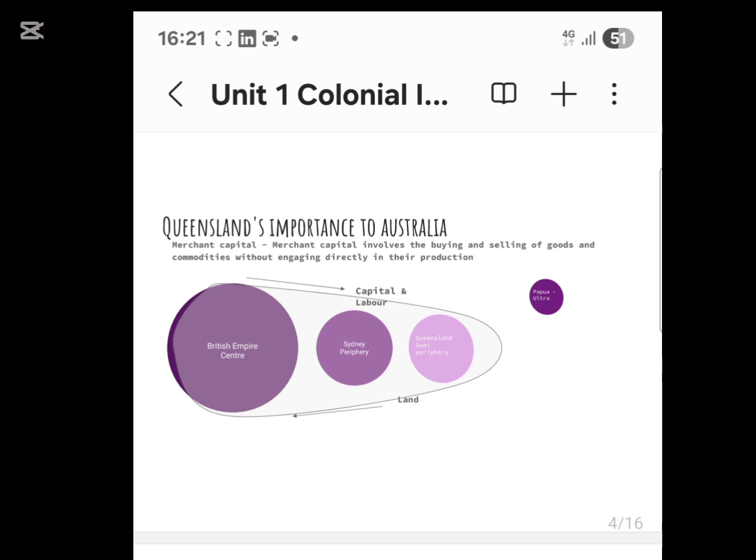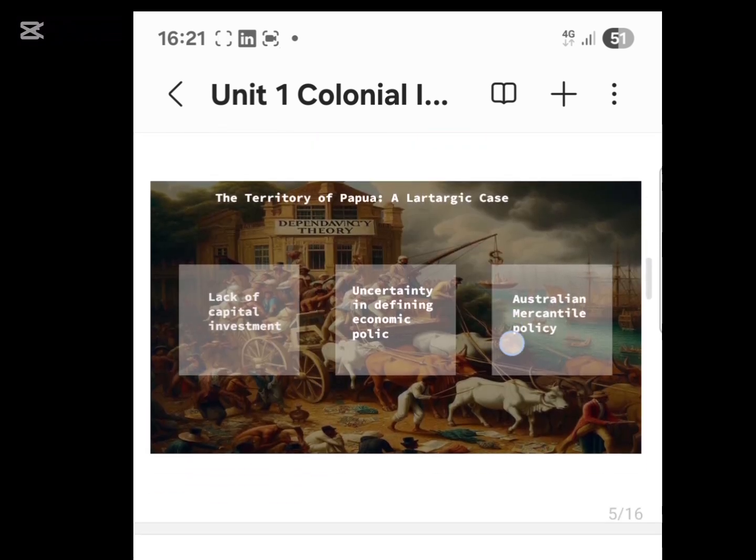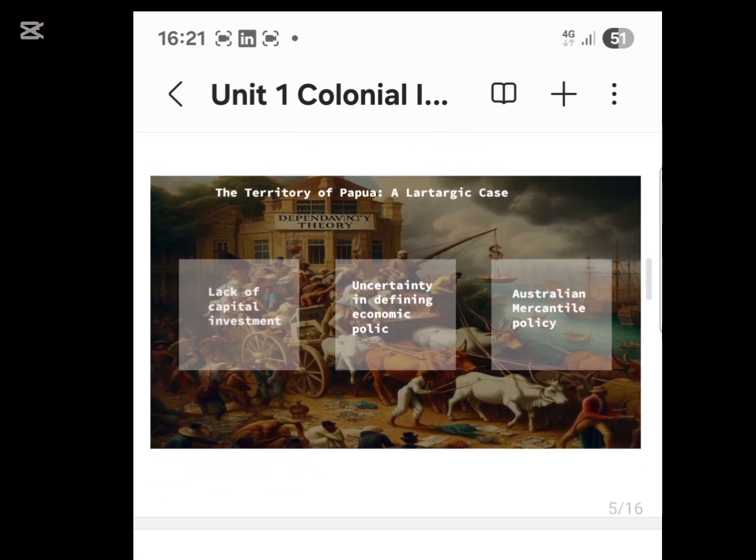In your reading, the subsection title is 'The Territory of Papua, a Lethargic Case'. Within that subsection, the reading talks about, number one, the lack of capital investment; number two, uncertainty in defining economic policy; and number three, the Australian mercantile system.